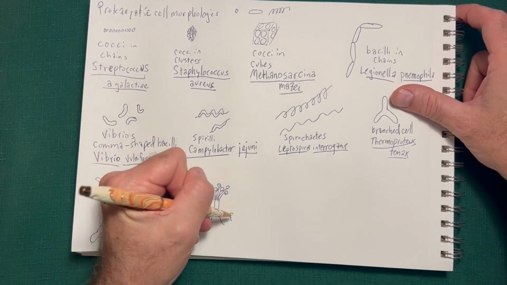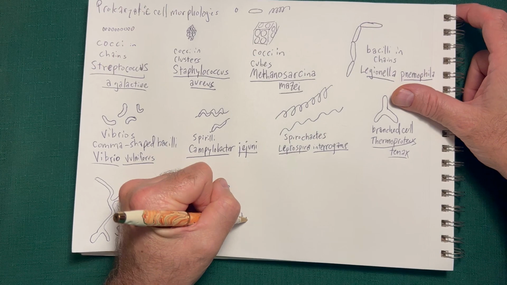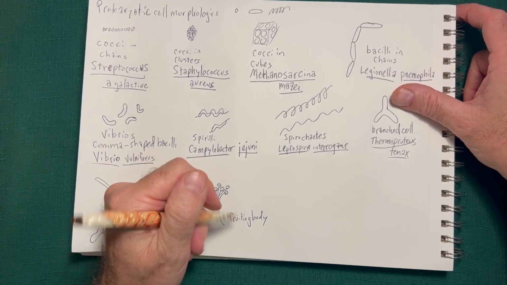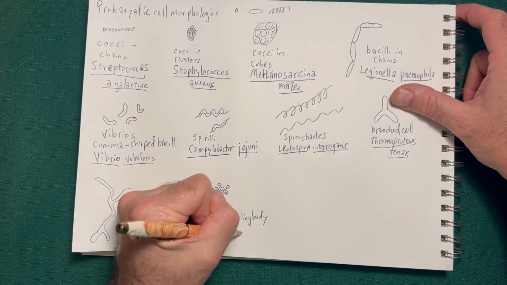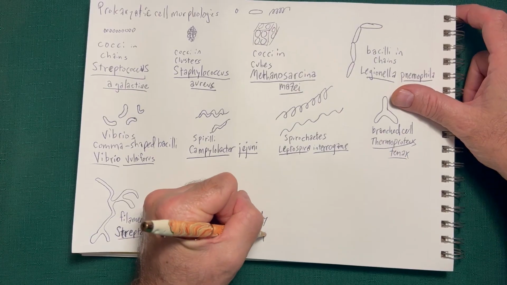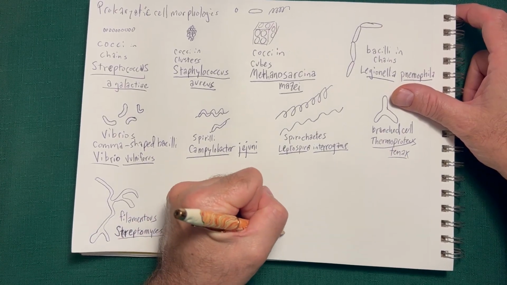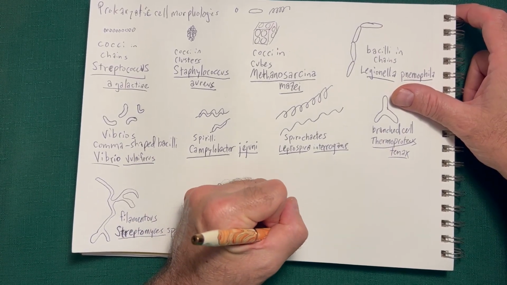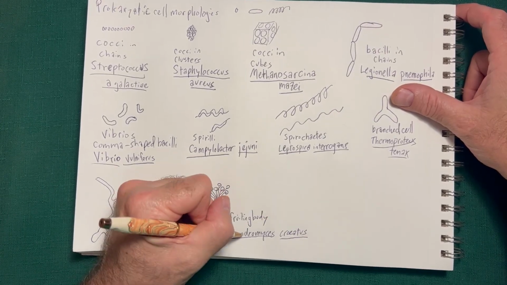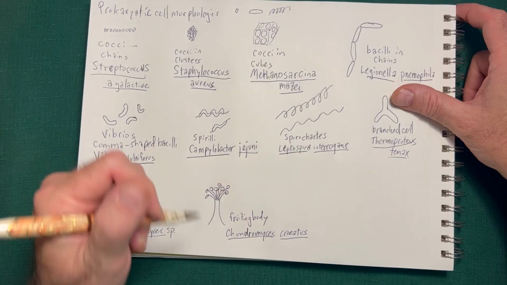So here is a fruiting body, such as we might see in Chondromyces crocatus, as an example.